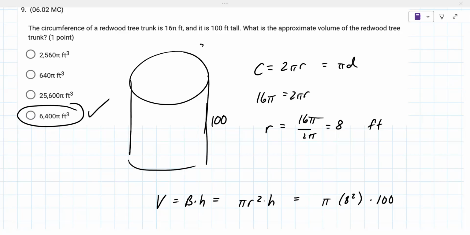Yeah, go ahead and drop that next one in the chat, please. So here's number 10 in the chat.